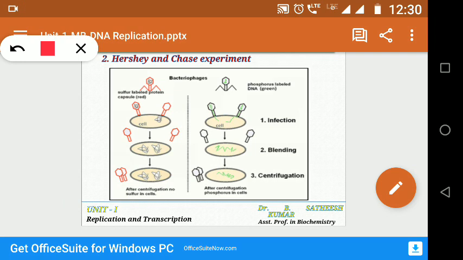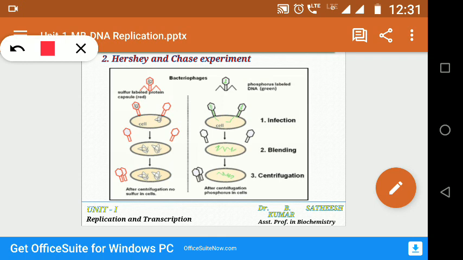So in one set, the scientists used bacteriophage, which has an outer protein coat, and inside the protein coat, the capsid, it will have nucleic acids, the genetic material.